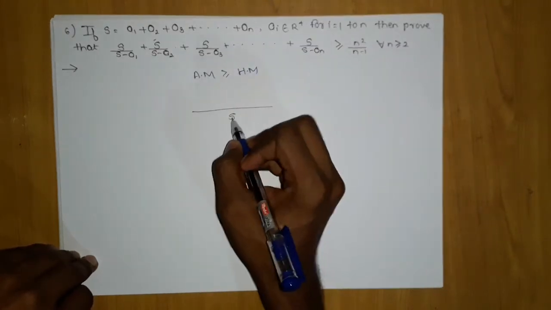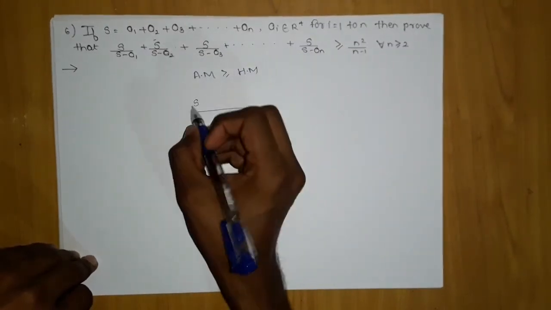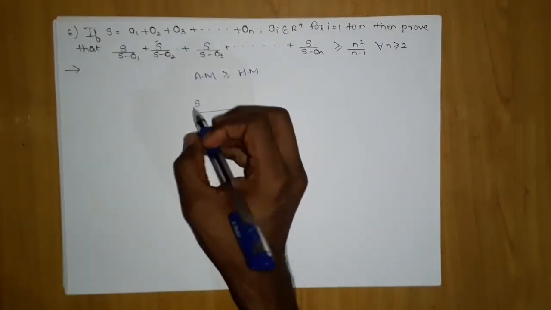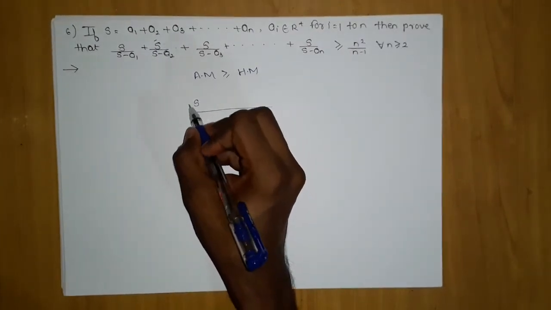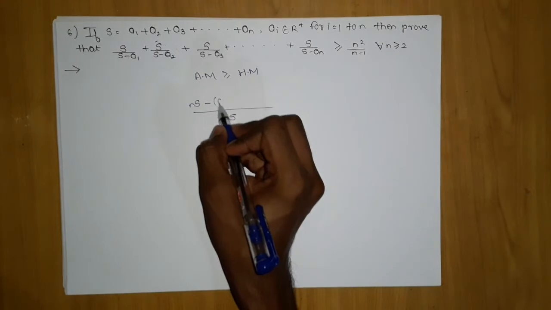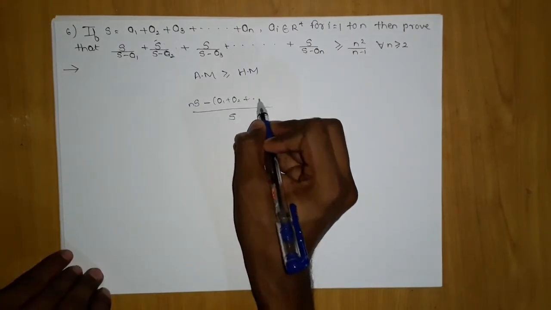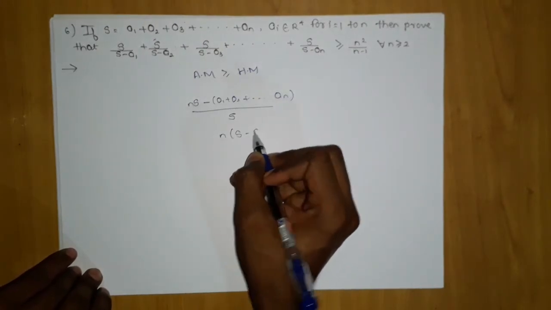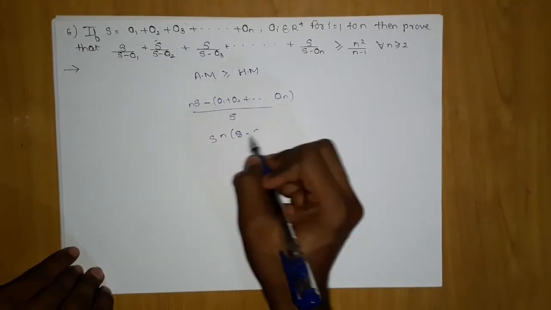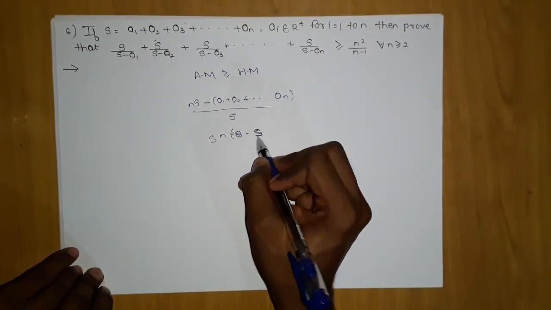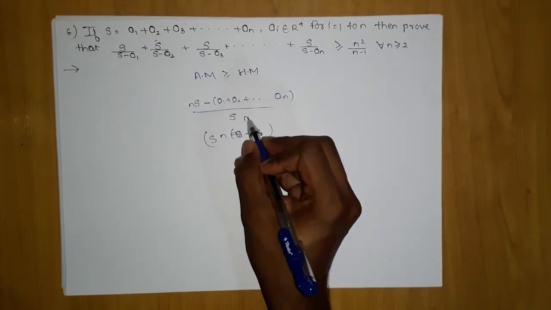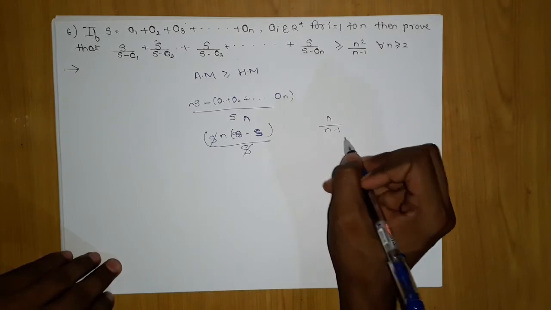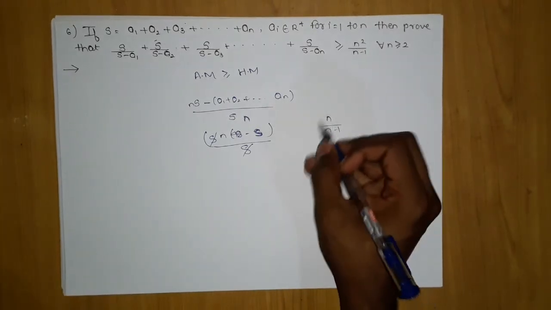My denominator will become S, all will be S added, all this denominator will become the same: nS minus (a1 plus a2 and so on up to an), and this is nothing but S, so n into S minus S, and at the top there will be nothing but n, and here it is S, so S will cancel out, giving me n upon (n minus 1). So we are getting this.